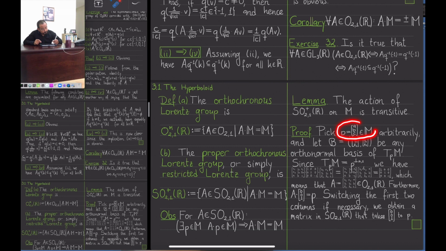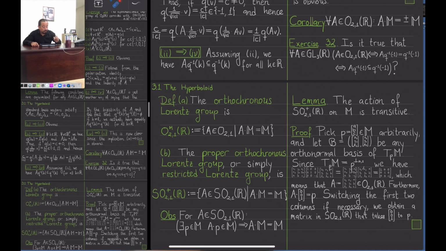Take any point, and what I'm going to show is that given any point, there is an element in the restricted Lorentz group that takes the point 001, which is some sort of north pole of the two-sheeted hyperboloid, to my given point.